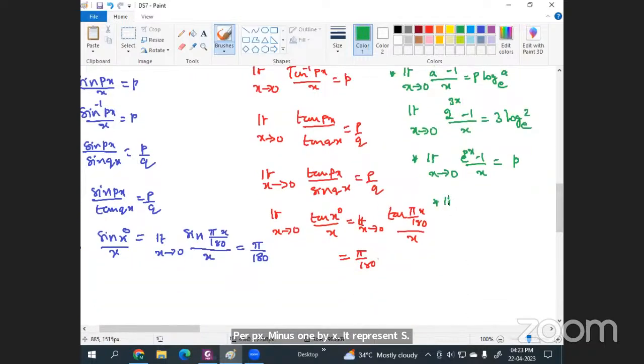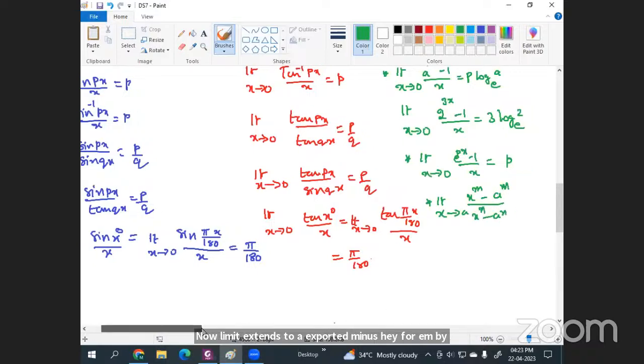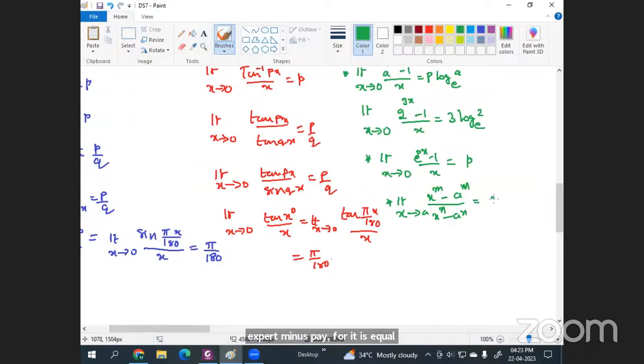Now, limit x tends to a, x power m minus a power m by x power n minus a power n is equal to m by n, a power m minus n, like this, right?